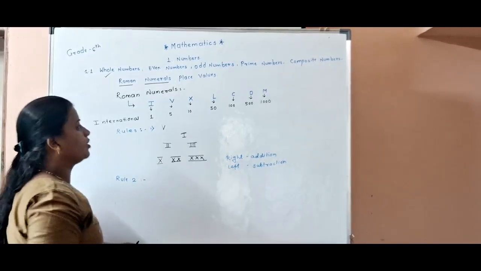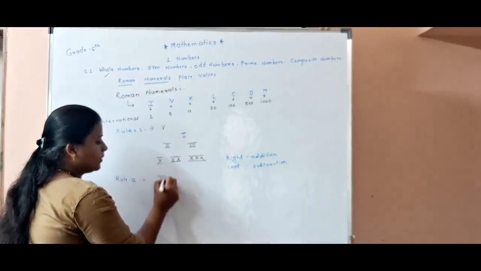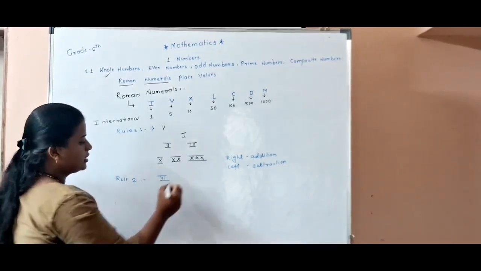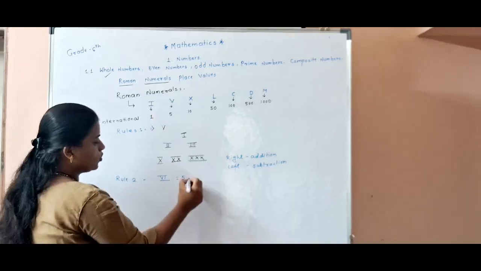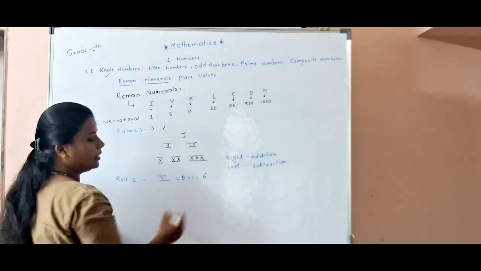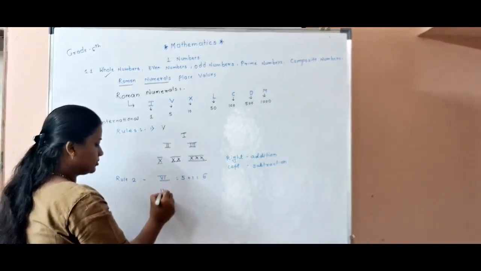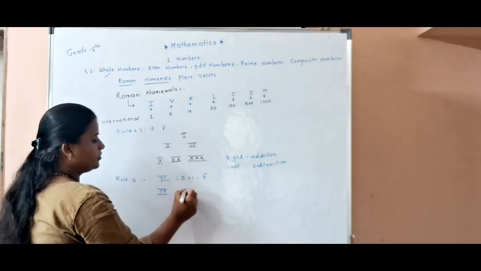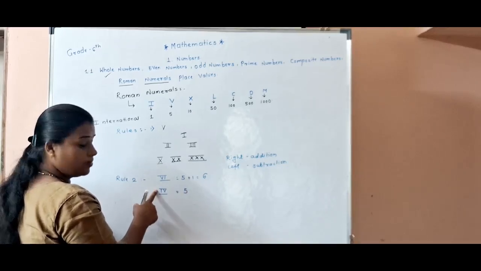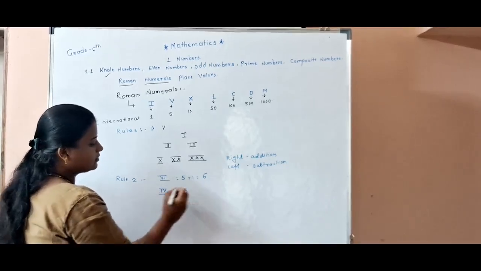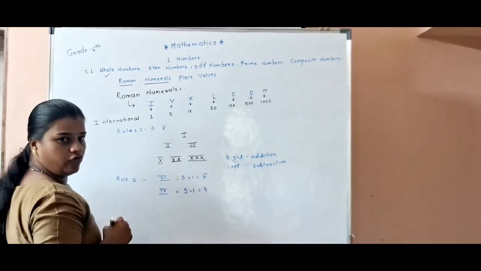Let us see for the right side. V, 1 time I am going to write. V represents 5, I represents 1. 5 plus 1 will be 6. But at the same time, if I write I to the left of V, then the smaller numeral is to the left side, so I will do subtraction and it will be 4.